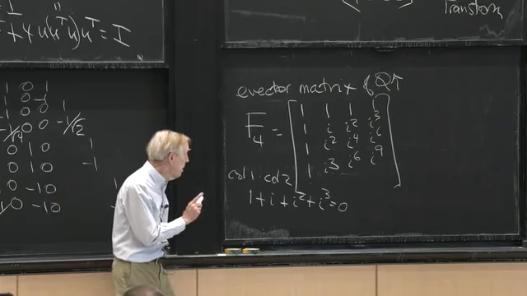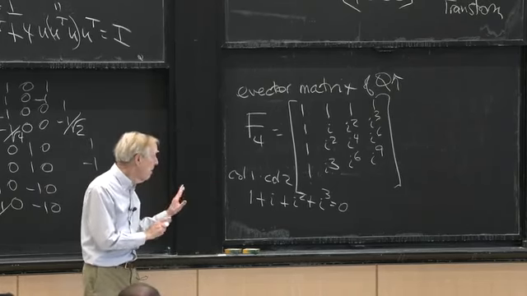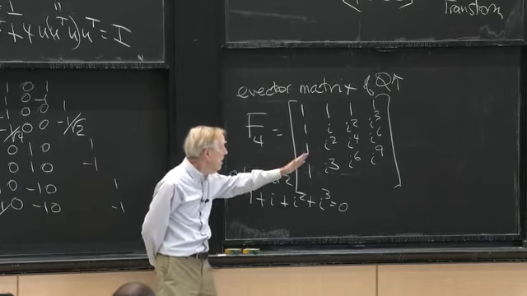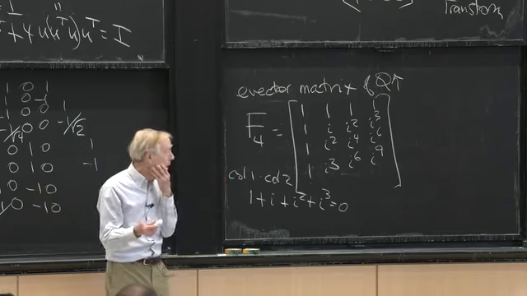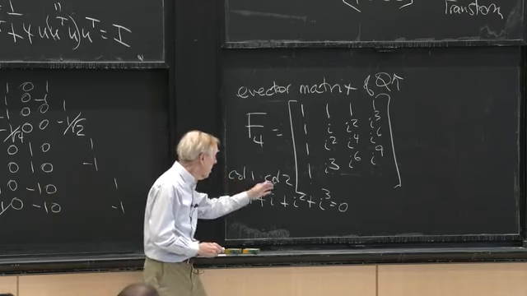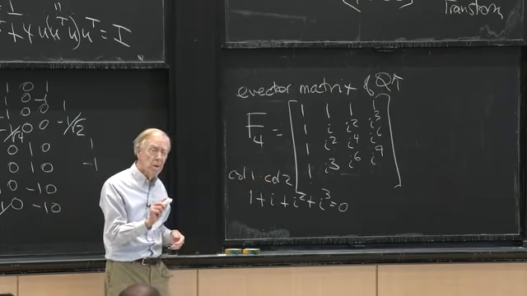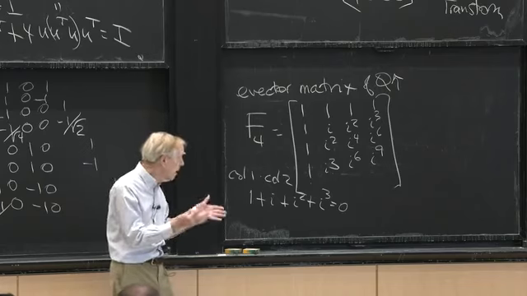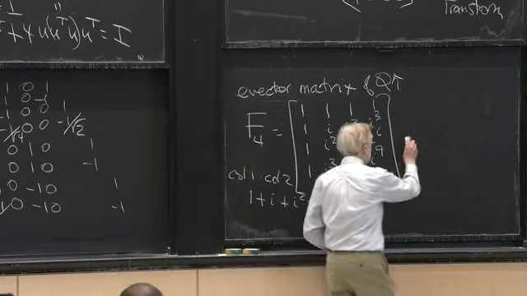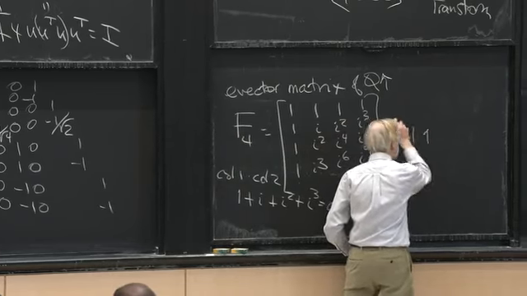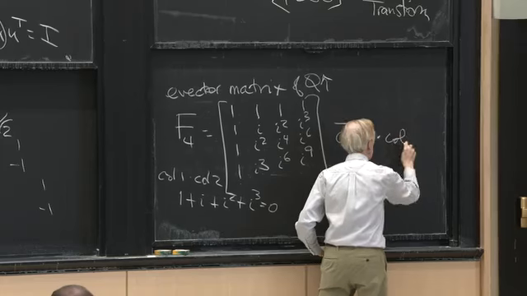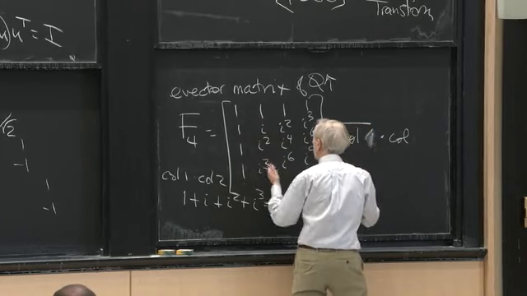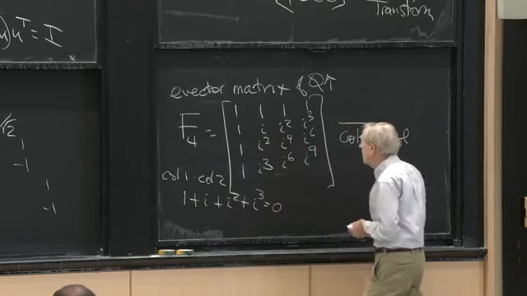But somebody mentioned that this isn't right. It's true that that came out 0. But when I have imaginary numbers anywhere around, this isn't the correct dot product to test orthogonality. If I have complex vectors, I should test column 1 conjugate dotted with column 2. Let me take, which one shall I take?